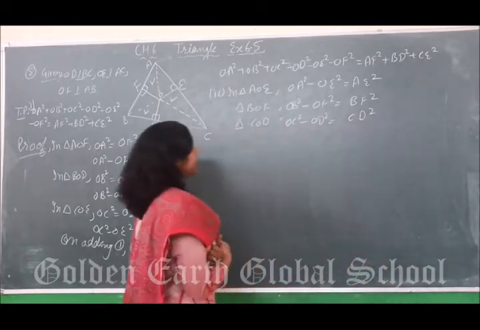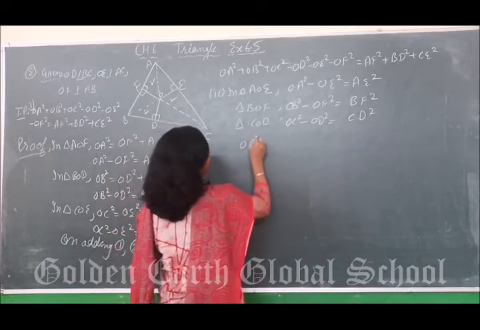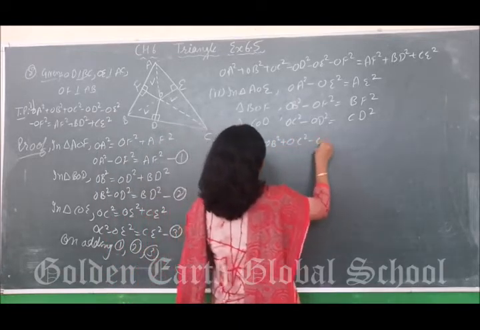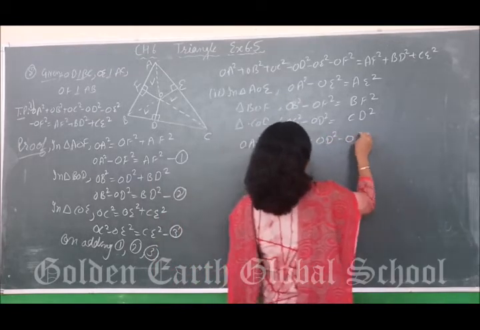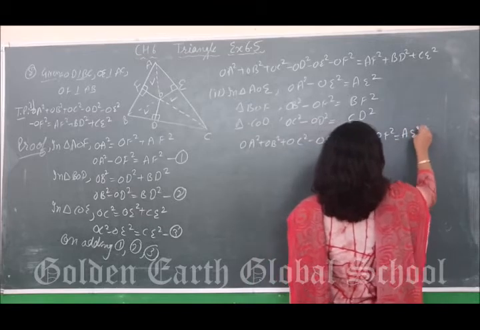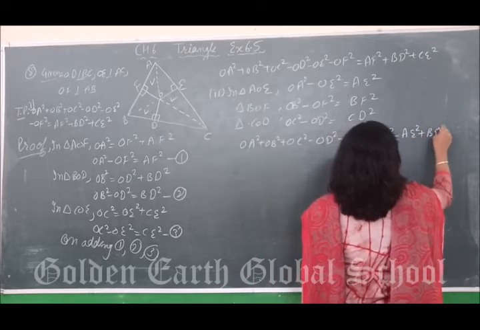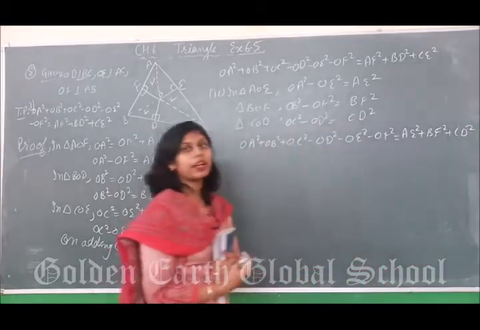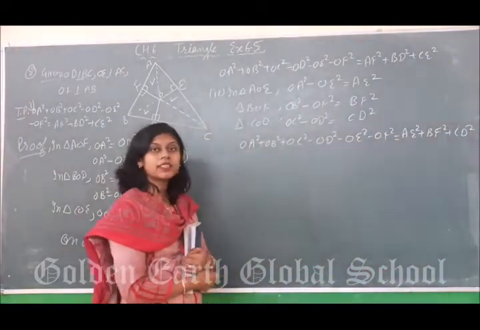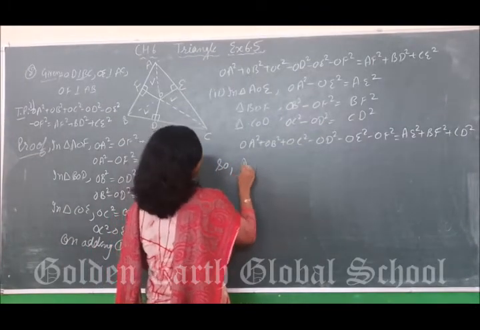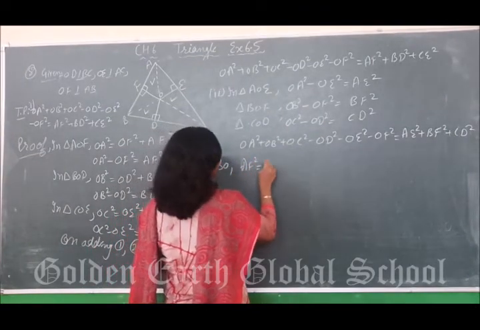So on adding, we get OA square plus OB square plus OC square minus OD square minus OE square minus OF square is equals to AE square plus BF square plus CD square. Now see first part and this left hand side is same, so we can say right hand sides are also equal.